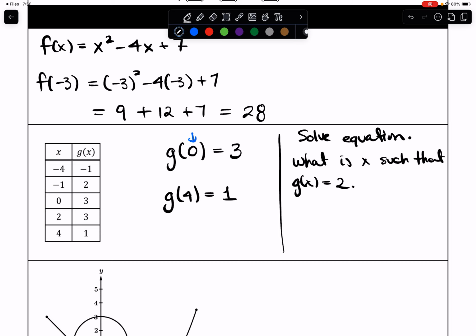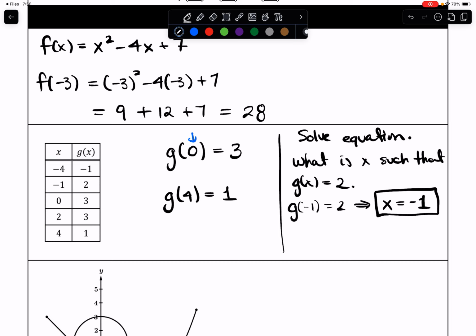I am now looking for the x value. I'm looking for what x value here makes my function g, my y value, equal to 2. Well, according to the table, g equals 2 when the x value is -1. So g of -1 equals 2. So that means that my solution is that x has to equal -1.